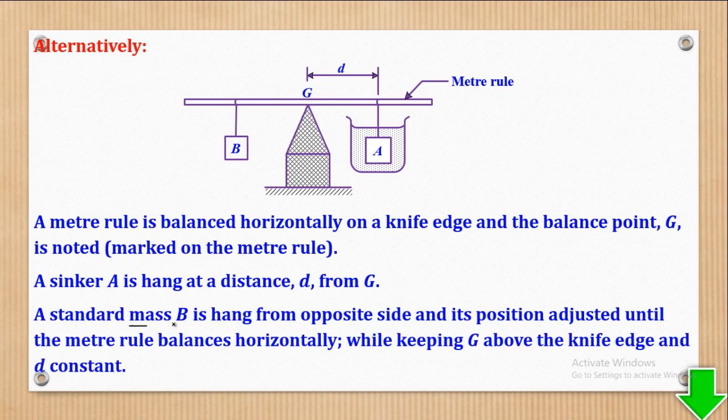Then a standard mass B is hung from the opposite side and its position adjusted until the meter rule balances horizontally, while keeping G above the knife edge and D constant. So it balances, and let's see marks for this slide before I go to the next slide.